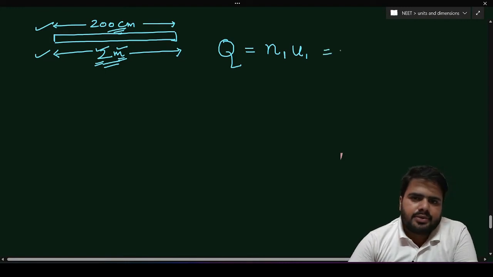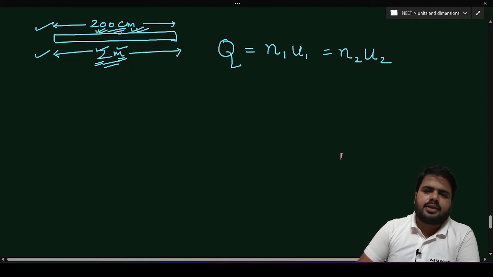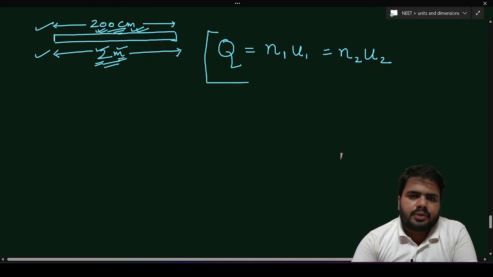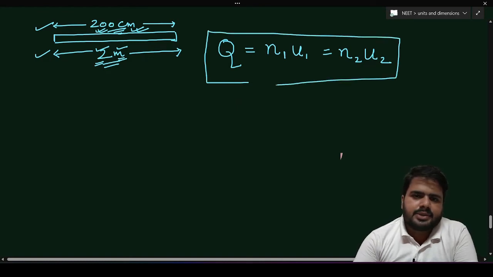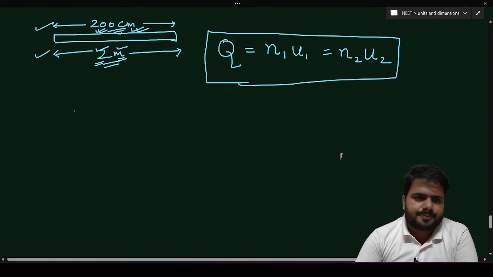Otherwise it can also be expressed with another numeric value and another unit, just like 200 is another numeric value and centimeter is another unit. Clear? So one quantity can be expressed in many ways. If you change the numeric value, then the unit must also change.